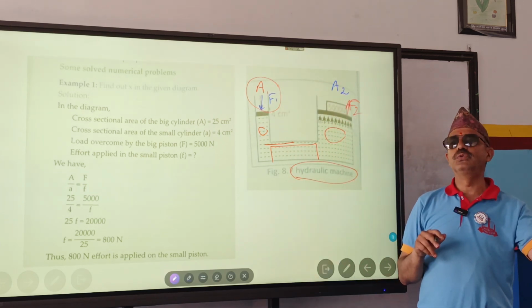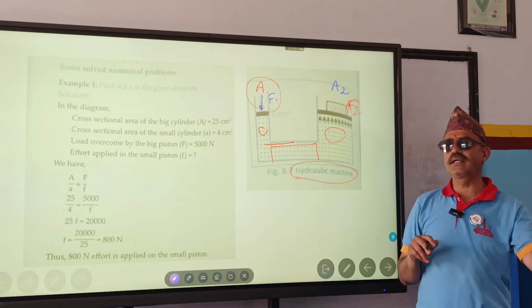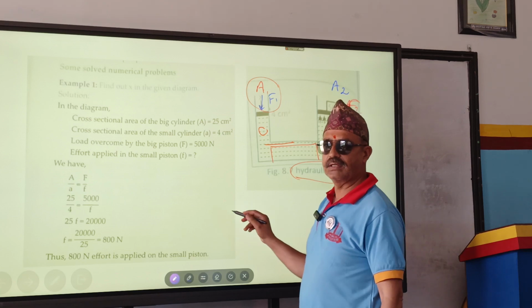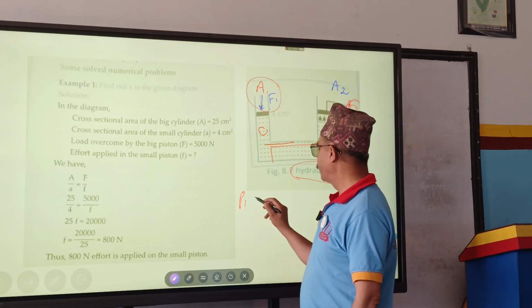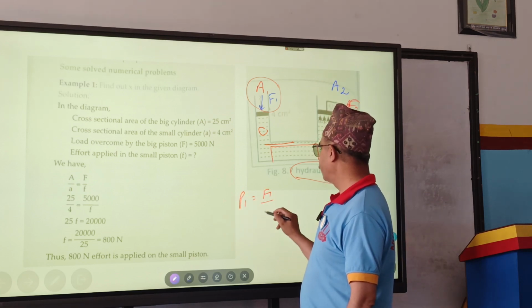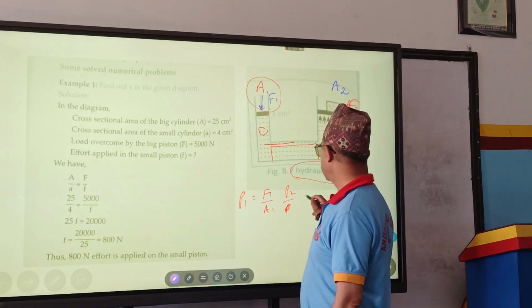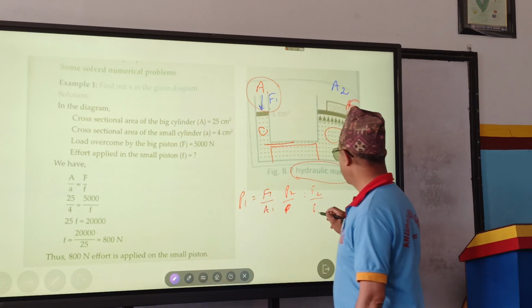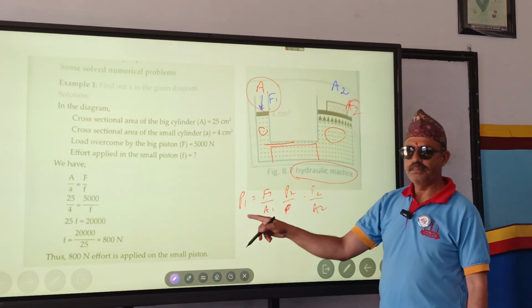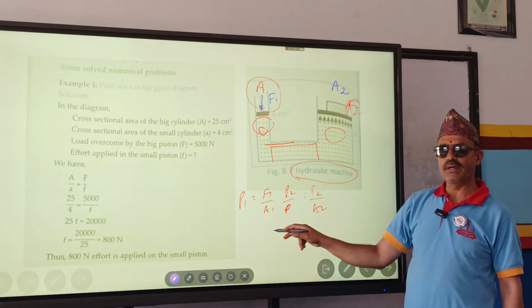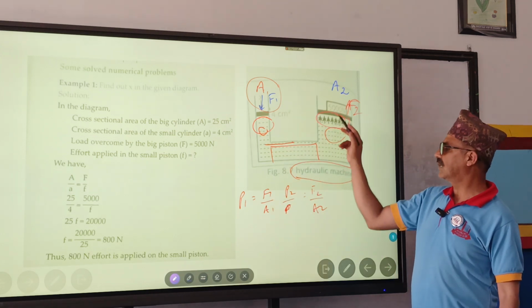Because there are two areas and two forces. And what is the formula to calculate pressure? P1 equals F1 by A1 and P2 equals F2 by A2. Pressure exerted on this side is F1 by A1. Pressure exerted on the other side is F2 by A2.